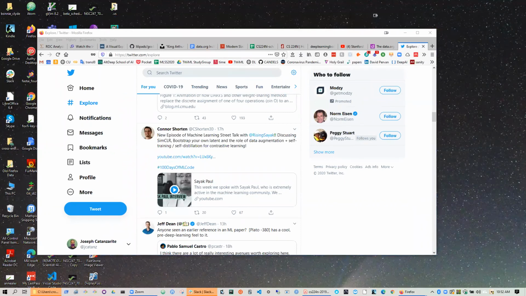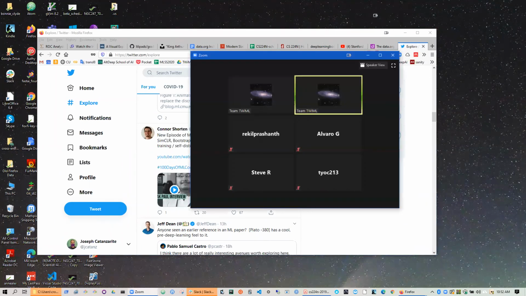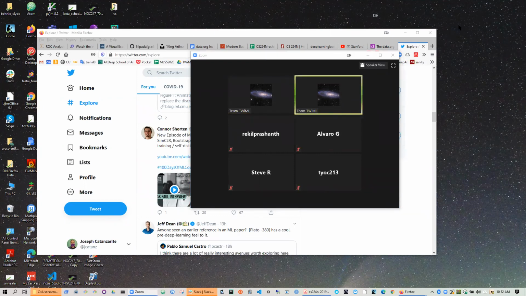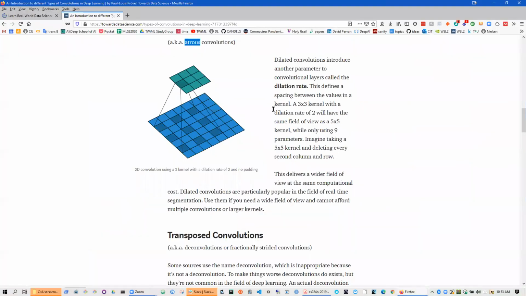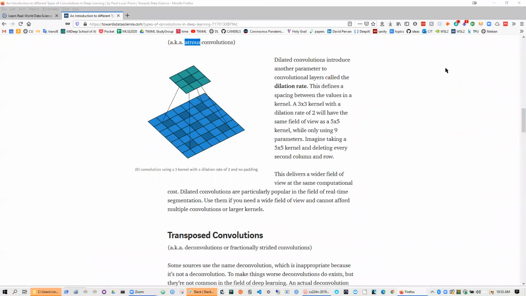So here's the video of what it looks like, and it's a very simple idea. Oh, something's in front. Okay, is this better now? Yes. So you can see this video tells you exactly what the atrous filter does.